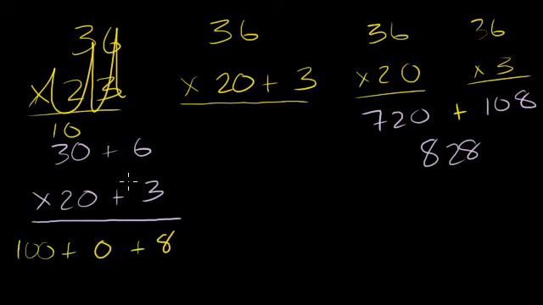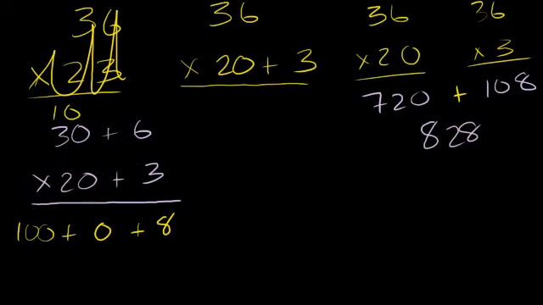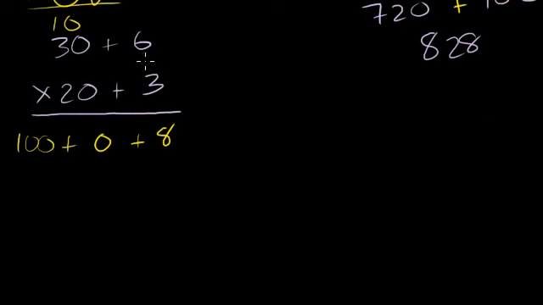I don't know if this confuses you or not. If it does, ignore it. If it doesn't, well, I don't want to complicate the issue. And now we can multiply 20. We can ignore this thing that we had before. 20 times 6 is 120. So that's 20 plus 100 plus 100. So I'll put that 100 up here. 20 times 30, you might not know, is 2 times 3, and you have 2 zeros there.